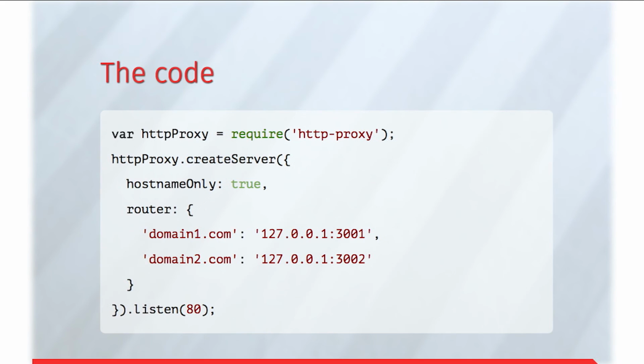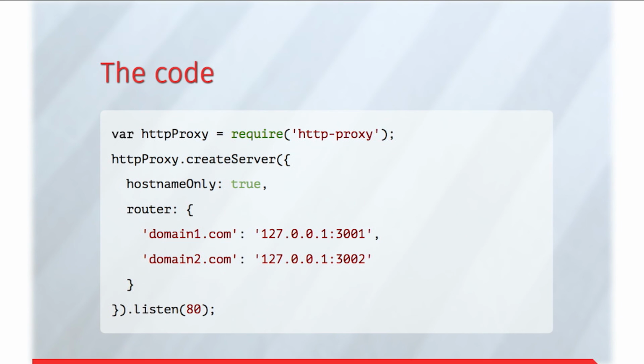Whoops. And you're done. You just require http-proxy. You create a server that supports host names. And here is where you write your routing. So every traffic from domain 1 goes to localhost on this port. Every traffic from domain 2 goes to this port. Everything is listening on port 80.